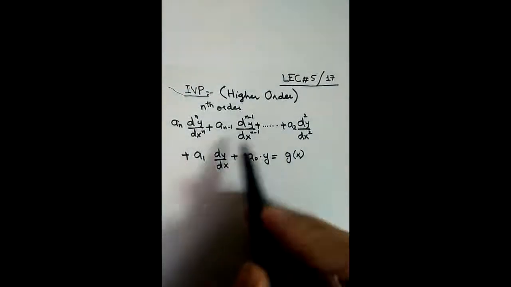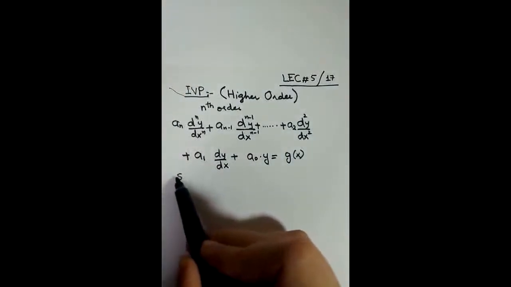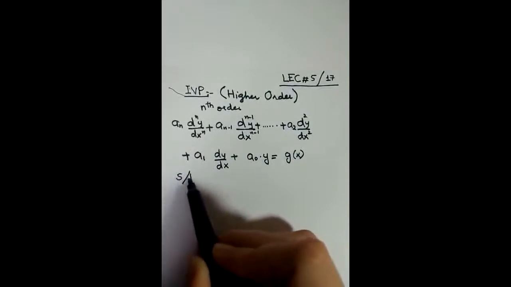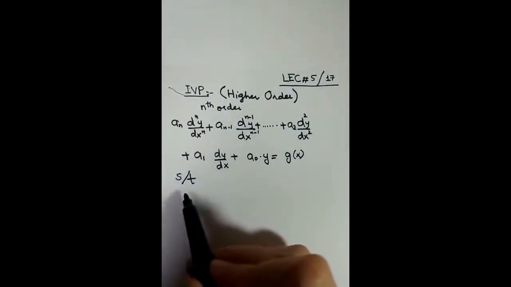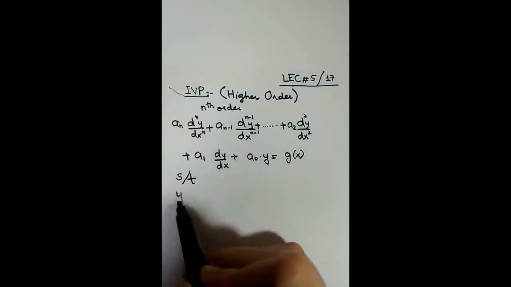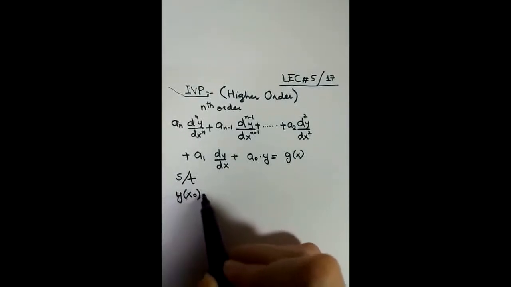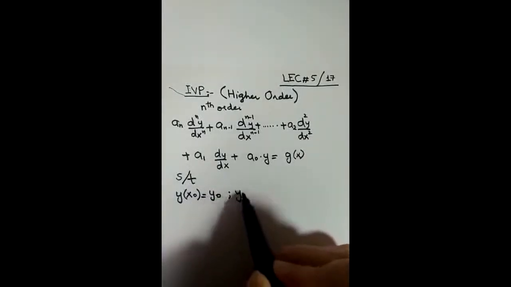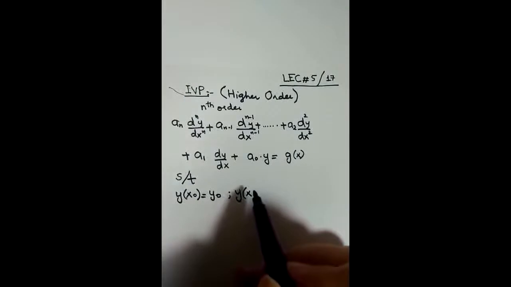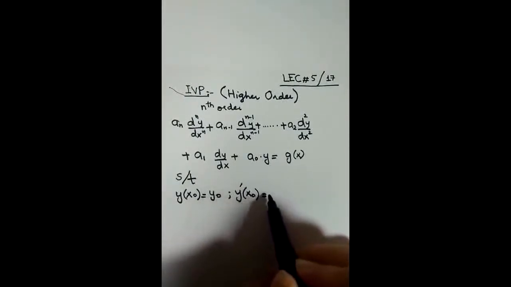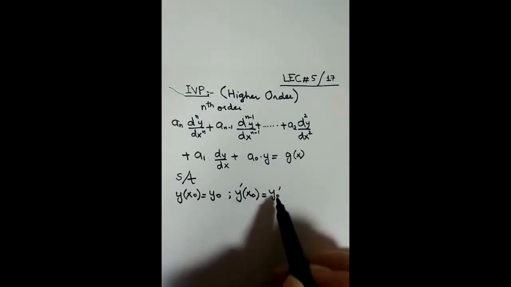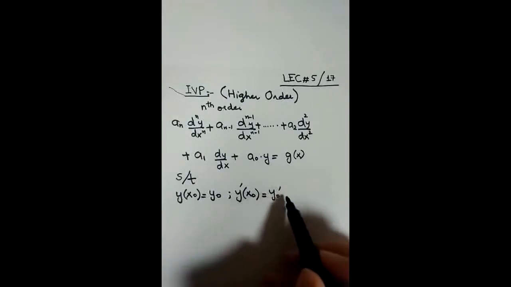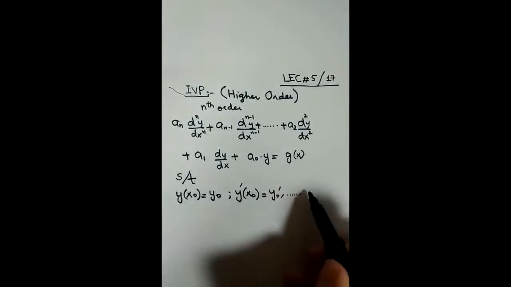The initial conditions are, subject to: y of x naught, a constant point, equals y naught; y dash of x naught equals y naught dash, this is also a constant, and so on.